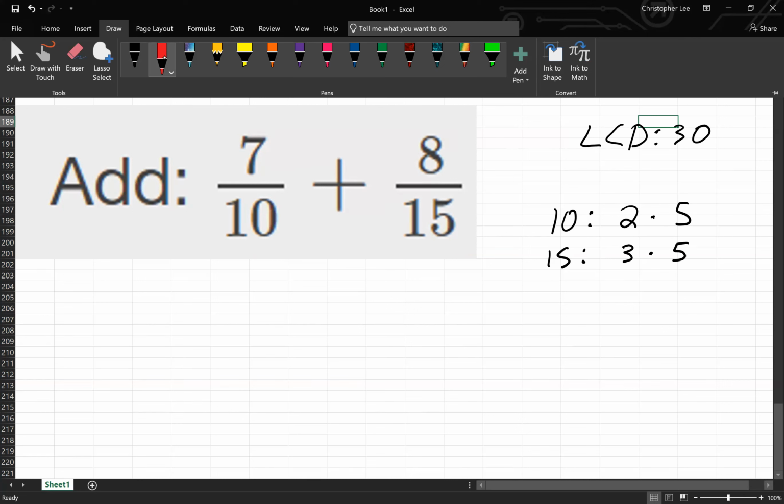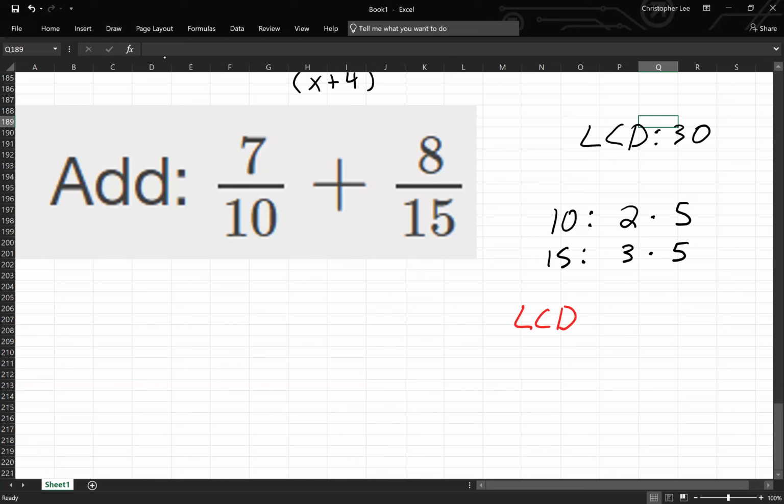It doesn't matter which one. You could take the 10, you could take the 15. I'm gonna take the 10 just because it's on top. So for the LCD, I'm taking the 2 times 5, and then I look at the next number that I have there. I already have one 5, but I'm missing the 3, so I'll multiply this by 3 right here, and that's how you get the 30. I don't know if y'all remember that from like the second day or something.